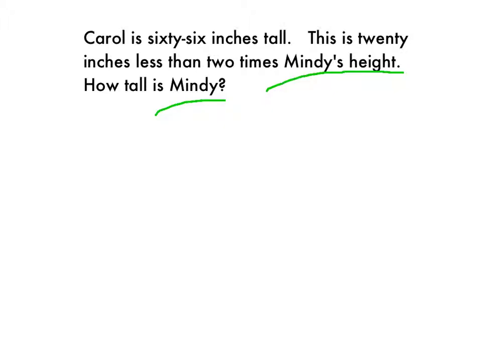So we know that Carol's height is 66 inches. We won't worry about the units right yet. So we know it's going to be equal to 66. And then we know that Mindy's height is going to be x. Carol's height is going to be related to that. It says that this is 20 inches less than, so we're going to be subtracting 20 inches.